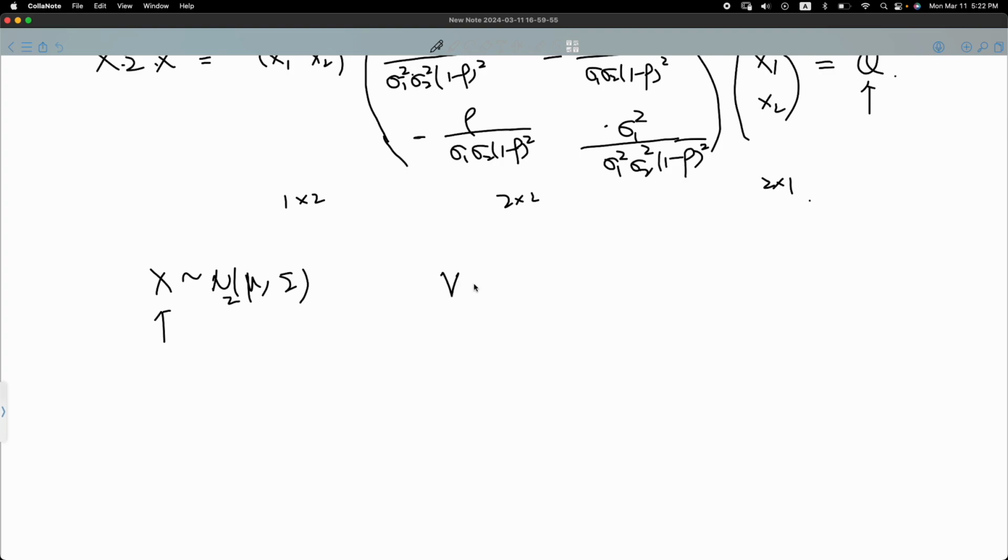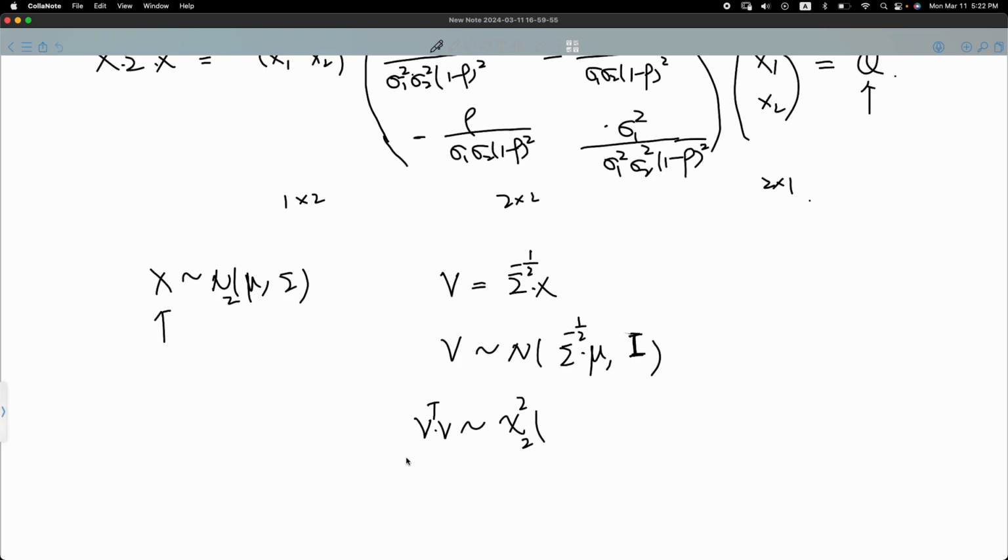Now let's define V, which is sigma to the negative 1/2 multiplied by X, so that V is also going to follow a normal with mean sigma to the negative 1/2 multiplied by mu, but here we standardize the covariance to the identity. And then V transpose V follows a chi-square with degree of freedom 2.